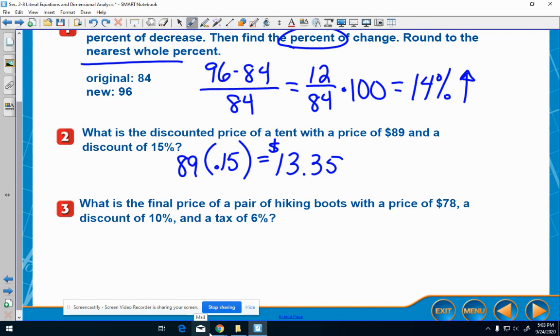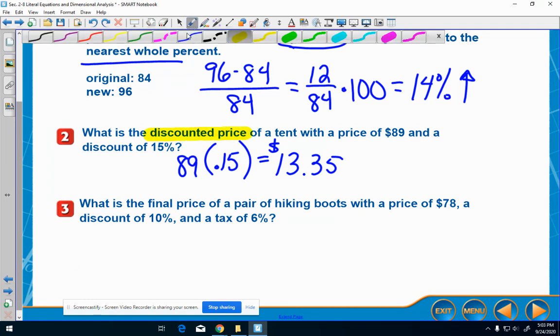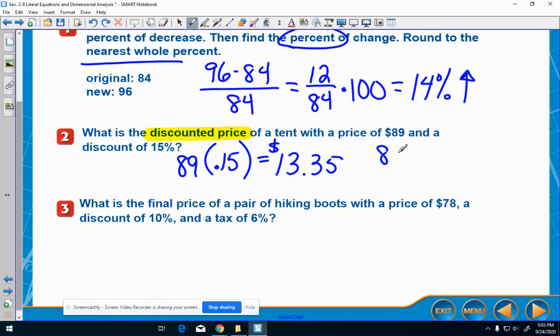That is the amount of discount. It is not the discounted price. In order to find the discounted price, I'm going to have to subtract. So $89 minus $13.35 will give me a discounted price of $75.65.